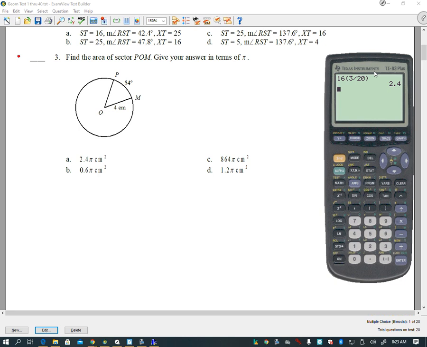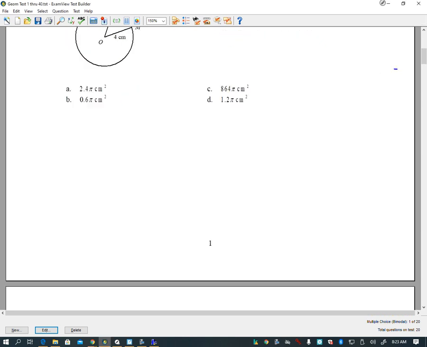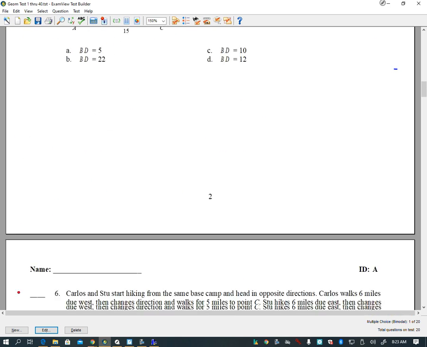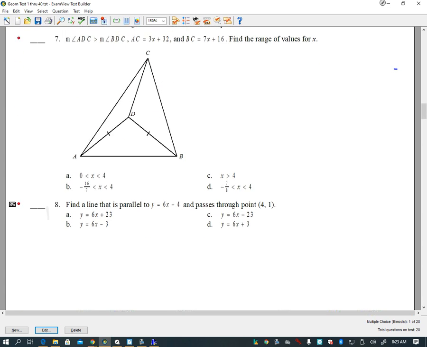Okay, 7. 7 is one that I really expected would be at the top of the list. So we either guessed right or you guys did better than I assumed. All right, they tell me that measure angle ADC, which is this angle, is greater than measure angle BDC.